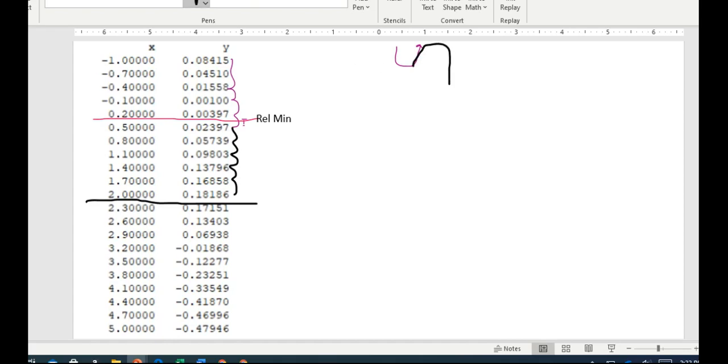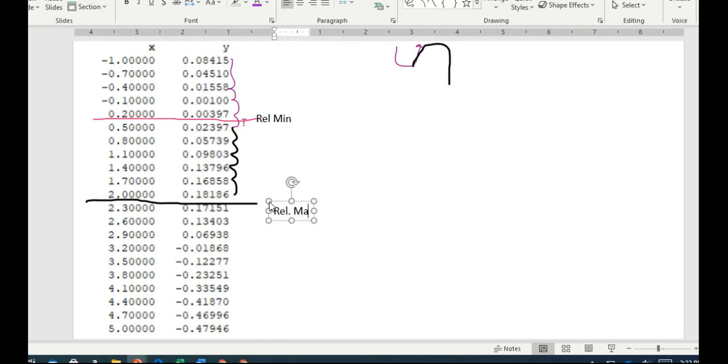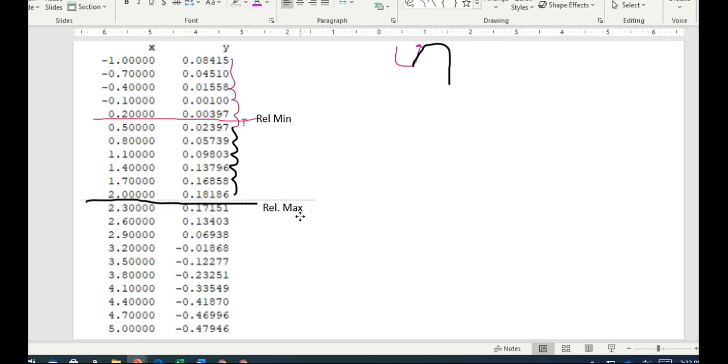So this is where we would have a relative maximum. Again, we don't have a distinct point because the numbers don't mirror on top of that maximum point. But we know one is there because it goes from increasing to decreasing.